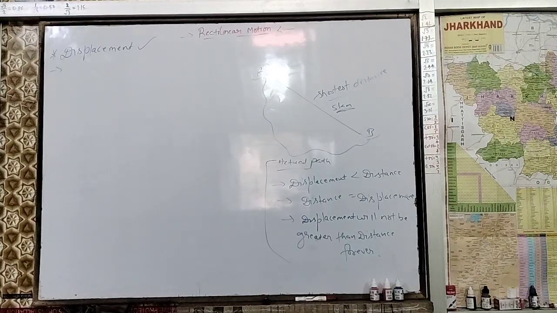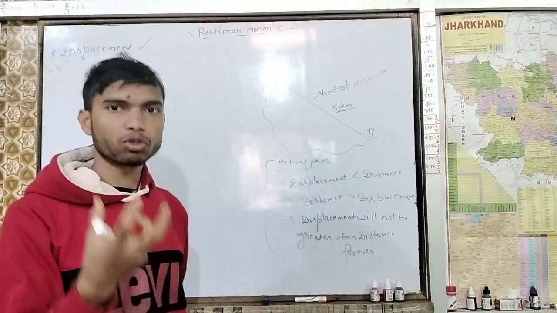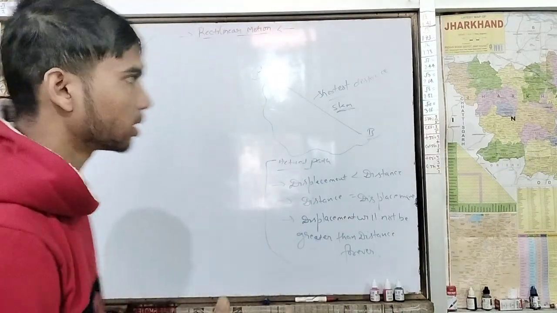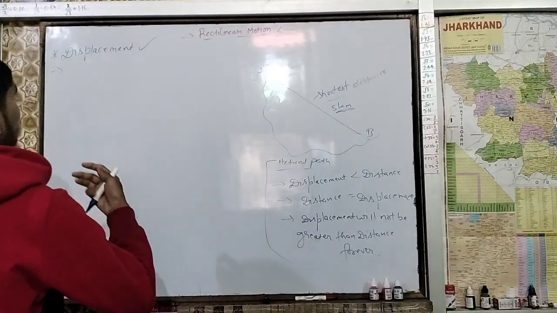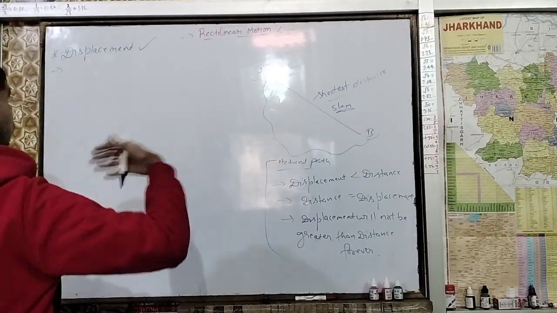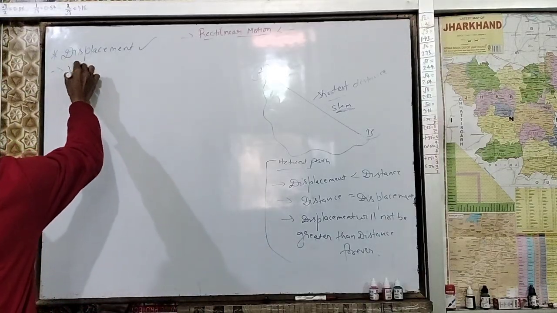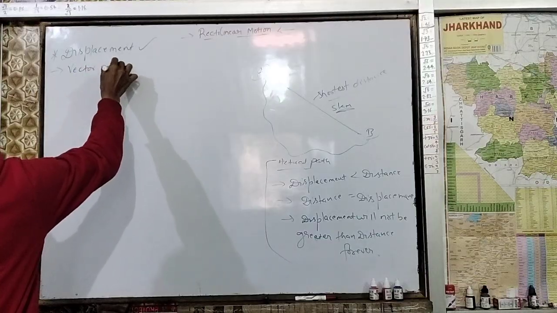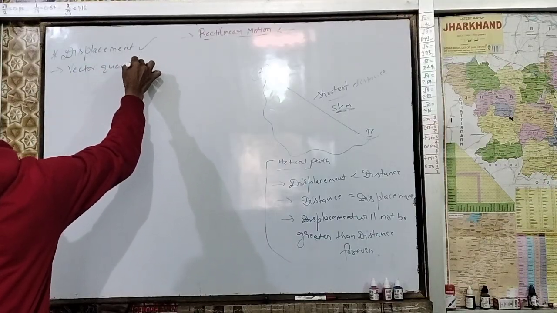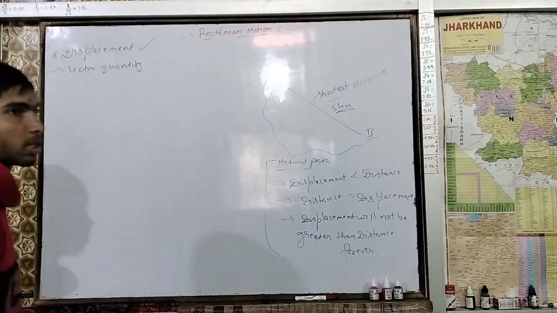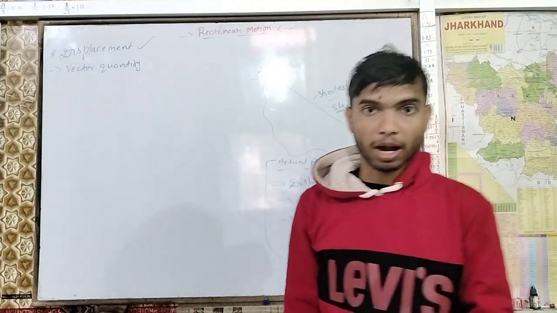We have seen a definition of displacement. Now let's see some points to explain this displacement in more detail. So the second point is that it is a vector quantity. It means displacement provides a direction.